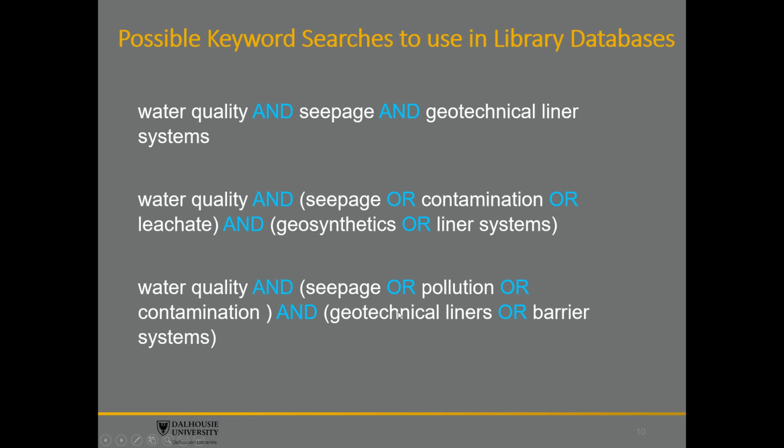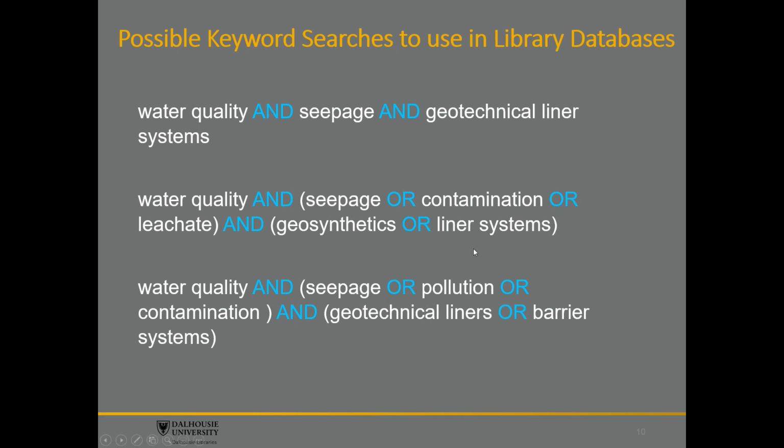So if we put geotechnical liners in a phrase, the database would know to search for that phrase rather than the word geotechnical and the word liners. So there's a lot of little rules associated with searching in databases. You'll get familiar with them the more searching you do.